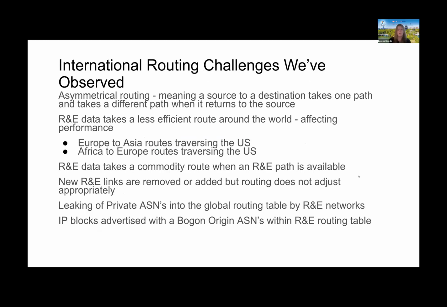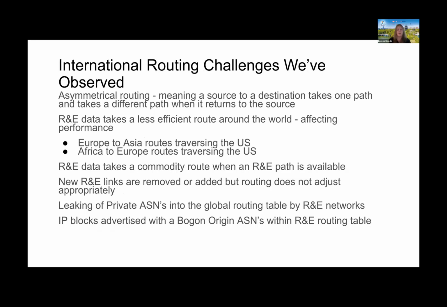So as I discussed, we're going to go over some of the international routing challenges we've observed in our short time. Asymmetrical routing, meaning the source to a destination takes one path and it takes a different path back. RNE data that takes a less efficient route around the world, which affects the performance. For example, Europe to Asia routes traversing the US, or Africa to Europe routes traversing the US.